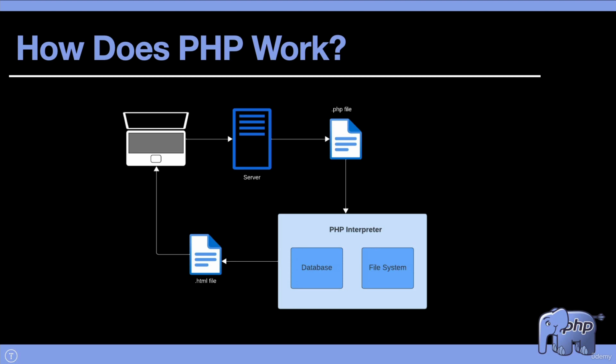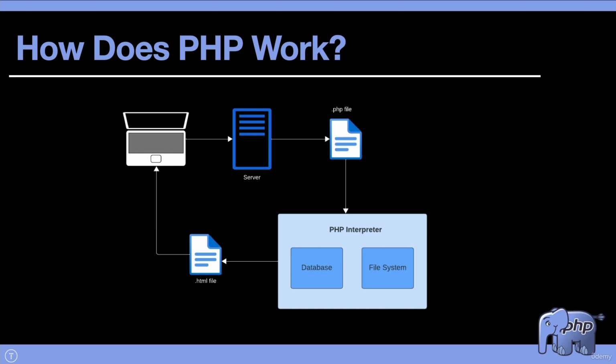So when a user goes to a website that is a PHP page, the web server recognizes that because the page has a .php file extension, which is unique in itself, that you can type in a URL that leads to a PHP page. You can't do that with something like Python or C#.